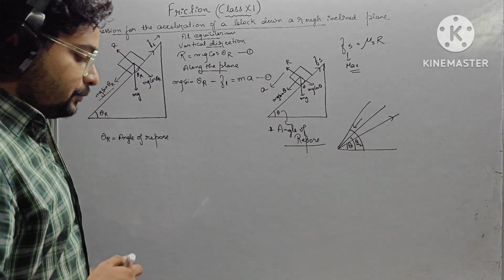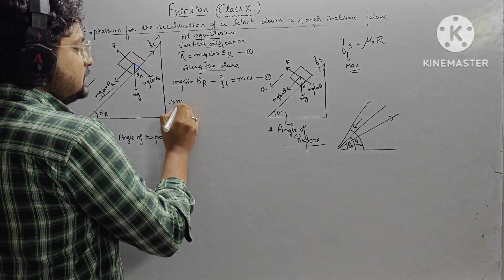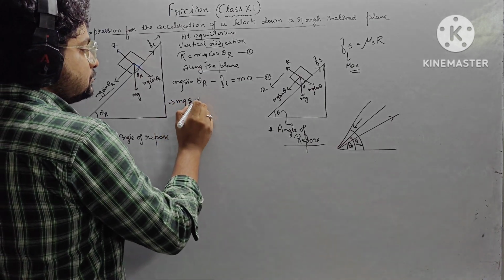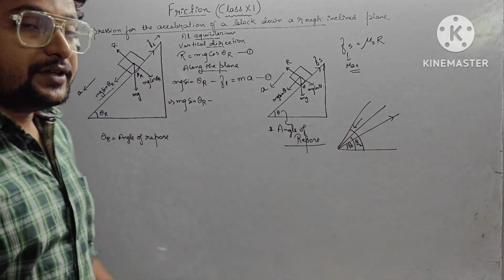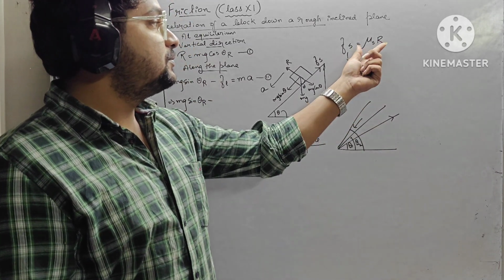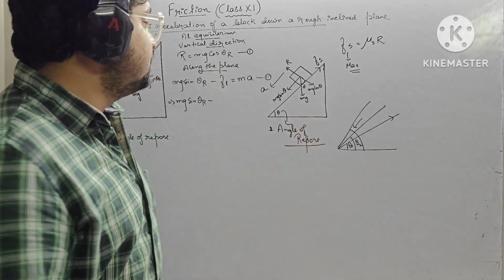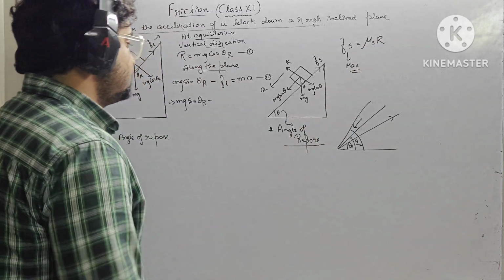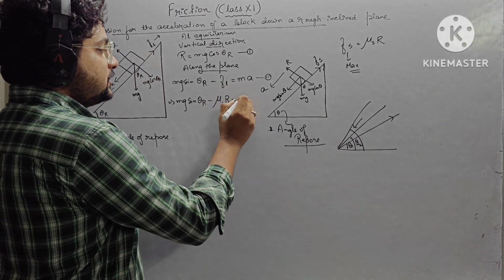Now mg sin theta minus friction. What is friction? Friction is basically this particular formula. Frictional force is equal to mu into R. That is the maximum value of friction. So mu L into R, that is the frictional force.